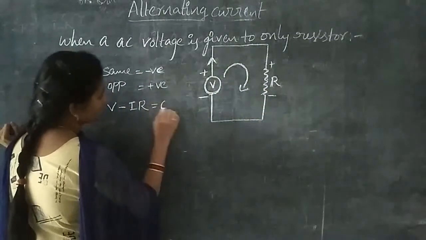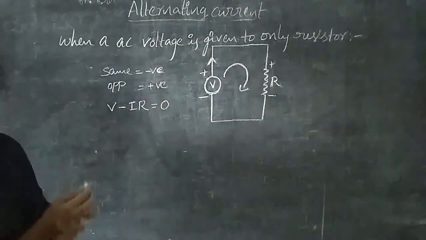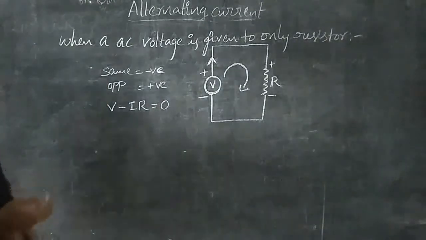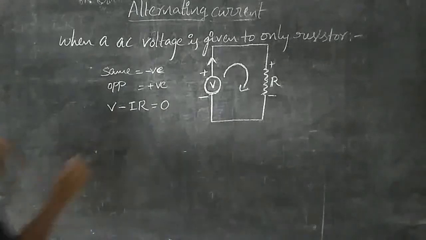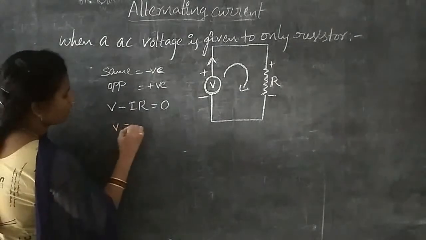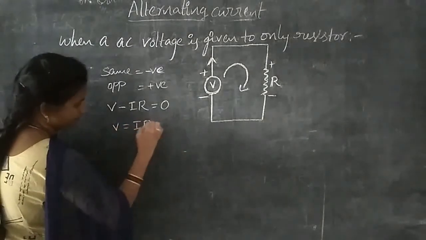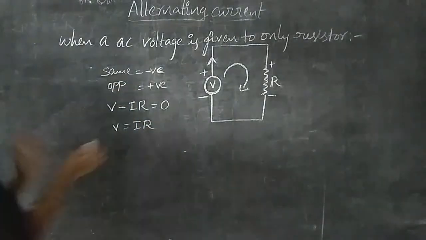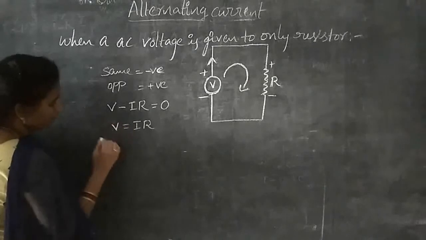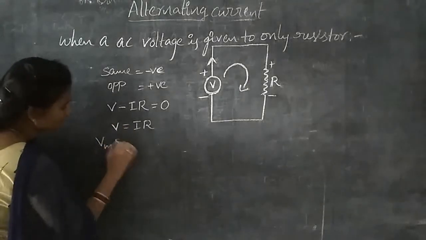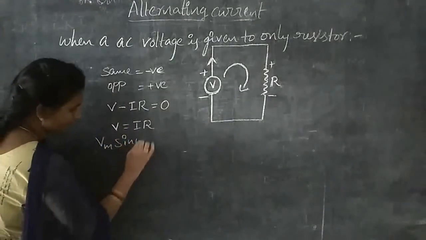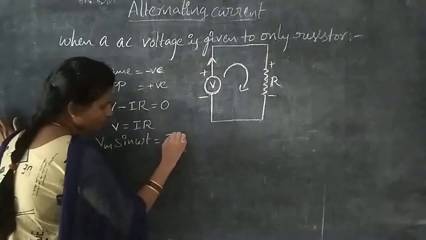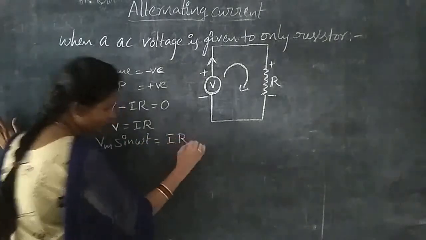So V minus IR is equal to 0, which means V is equal to IR. What is V? V is nothing but Vm sin omega t, which is equal to IR.